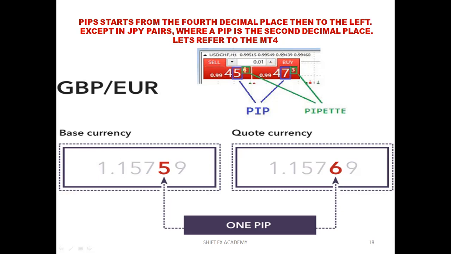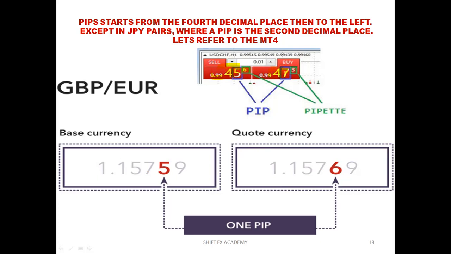And usually, if you open your MT4, you would see the price being quoted like what we have here, 0.9945, and then you see something raised to the power 6 or any number. That number that it is raised to is actually a pipette, but you can see the main price is 45. The selling price is 45 in this case, while the buying price is 47.